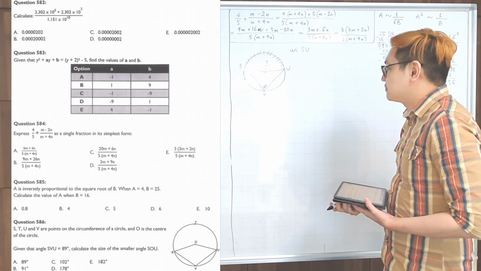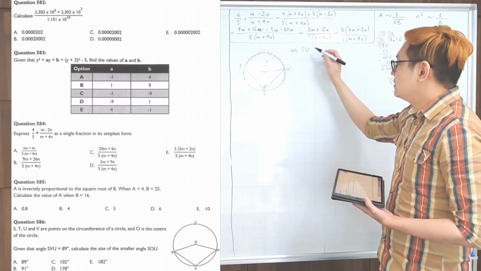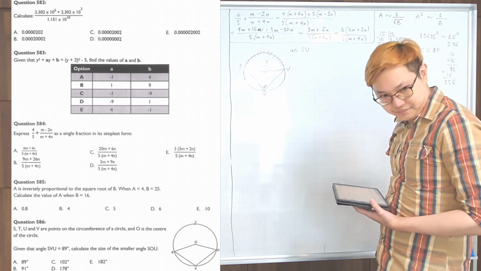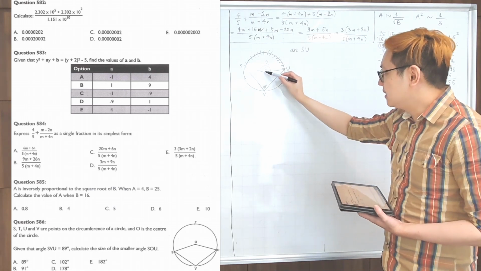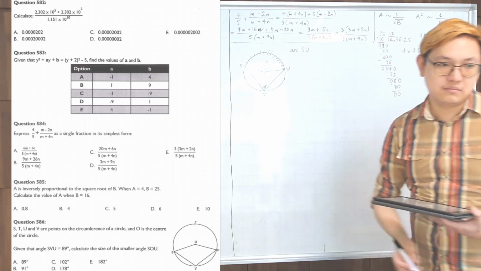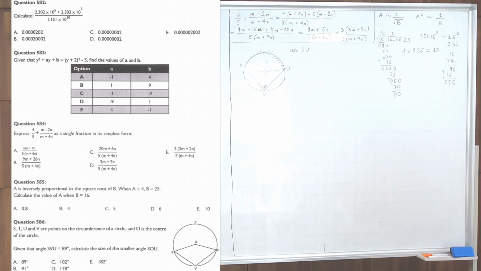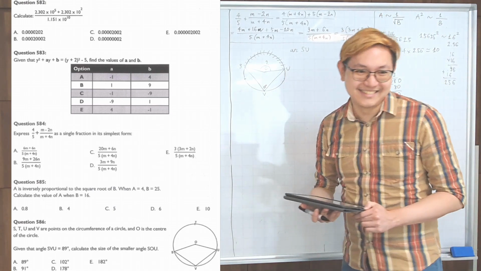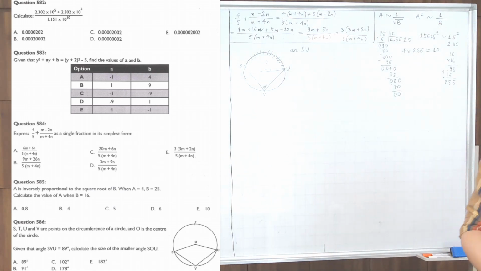So basically, if it's at the center, this one should be double this one. You remember that one? So it should be 178, right? So answer D.